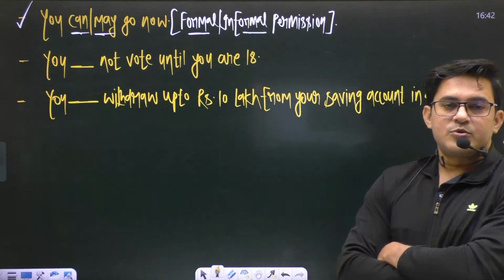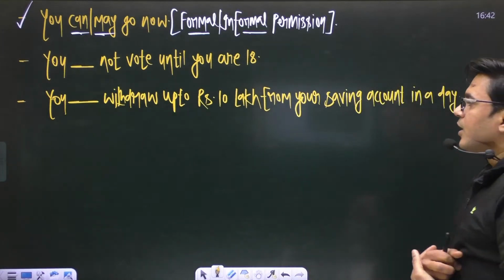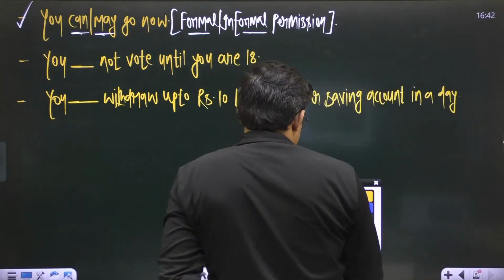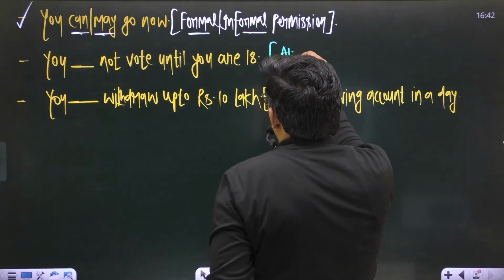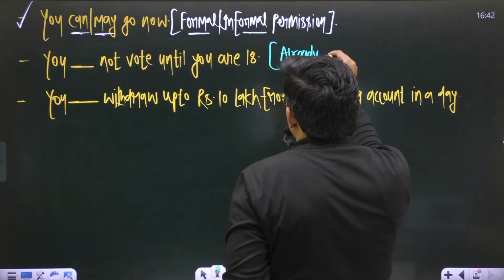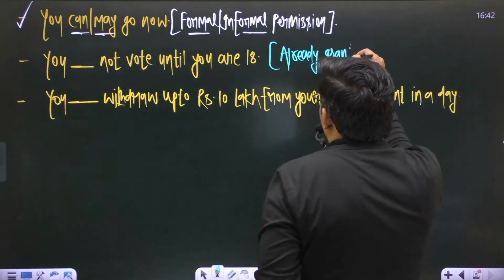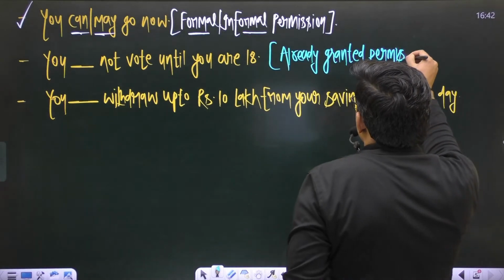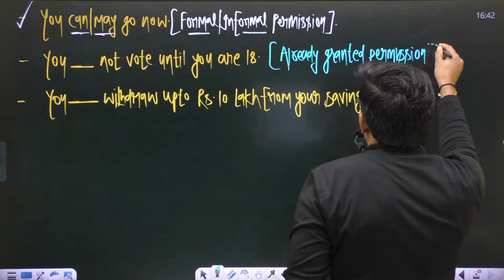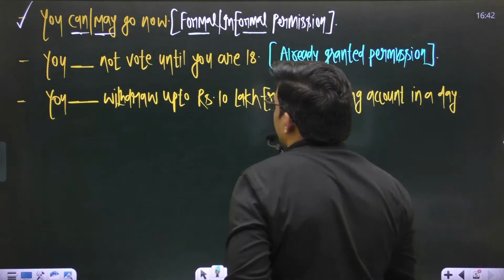You can withdraw up to rupees 10 lakh. Very good. In both the sentences, we are talking about something that is already granted permission.